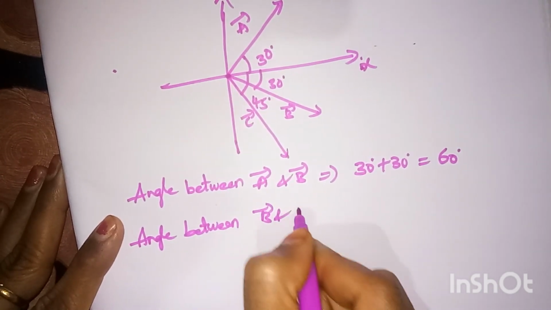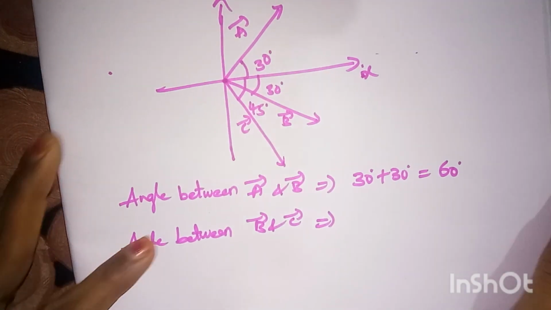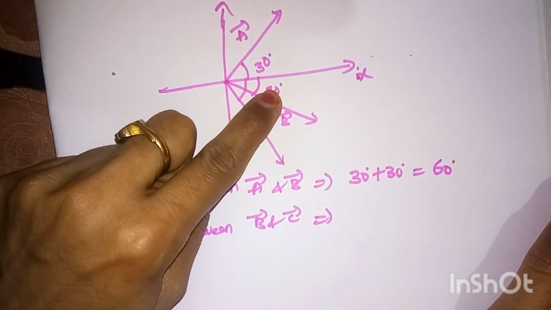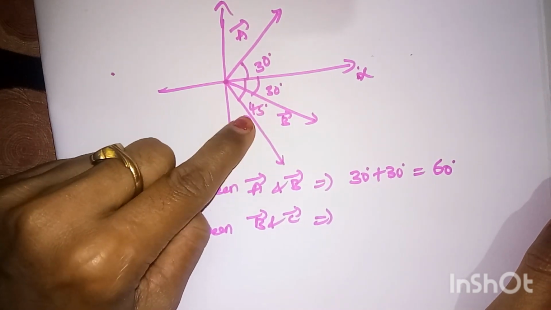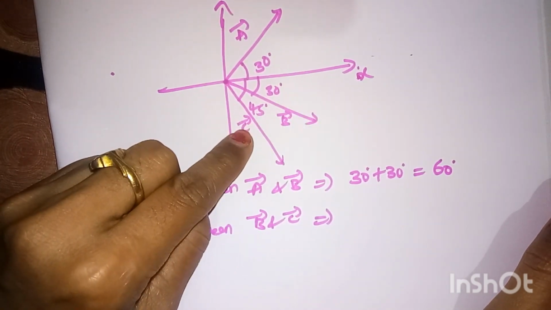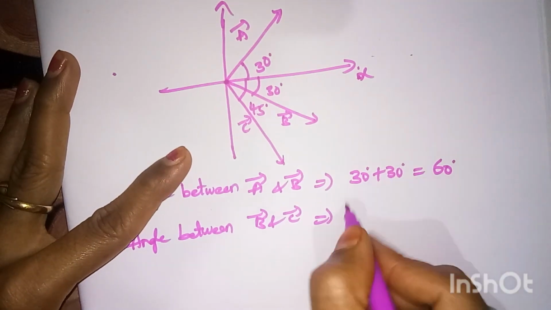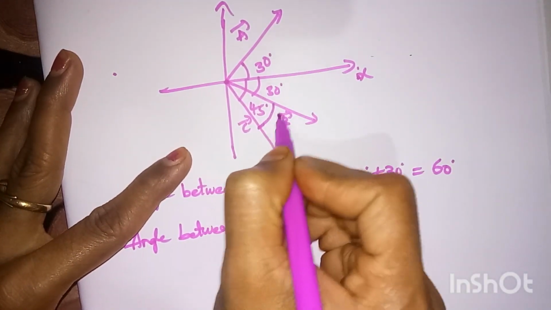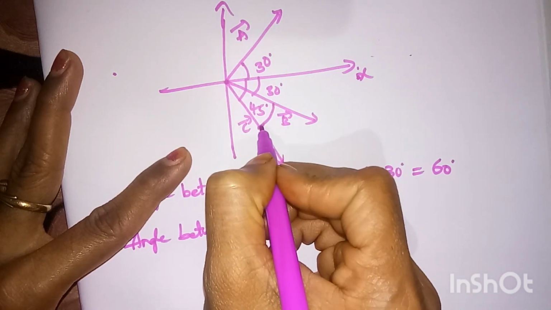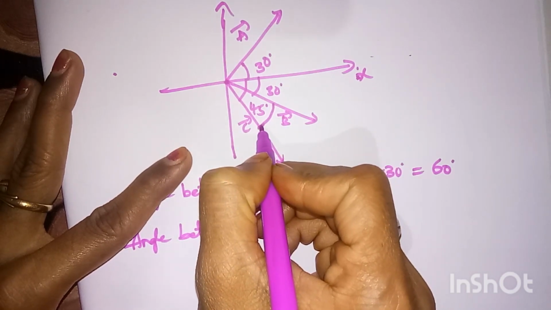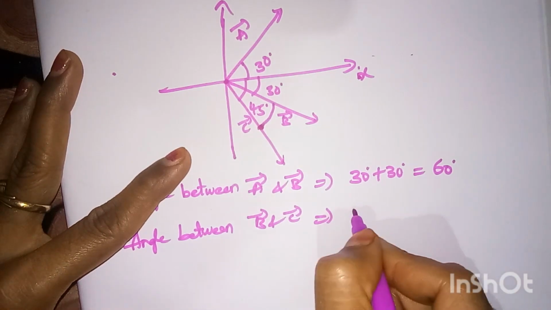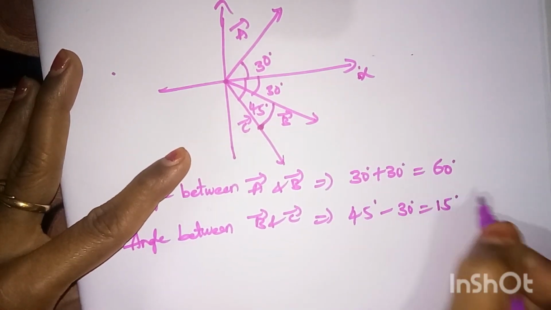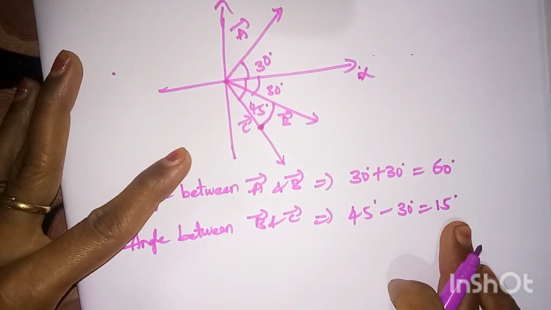Now the angle between b bar and c bar. Along the x-axis, the angle made by the b vector is 30, but the angle made with the x-axis by c is 45 degrees. You want the angle between b bar and c bar, so 45 degrees minus 30 degrees gives 15 degrees. So the angle between b bar and c bar is 15 degrees.